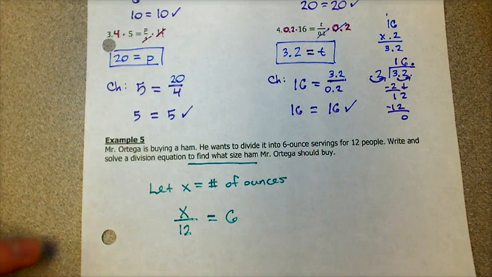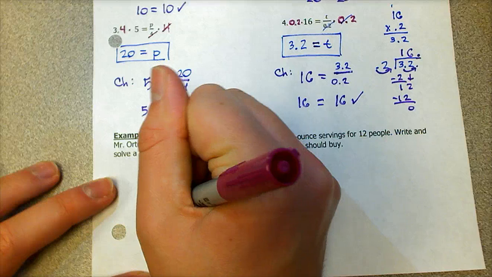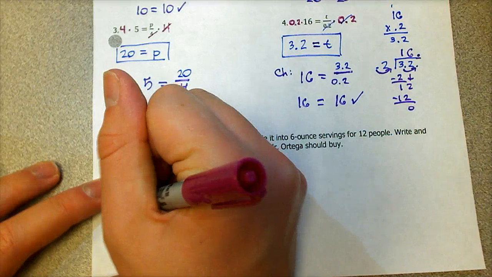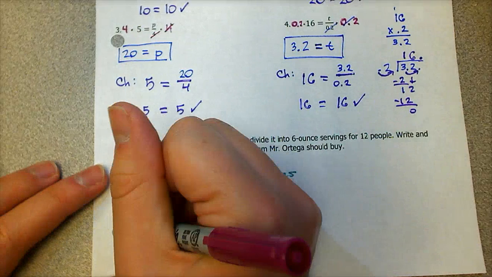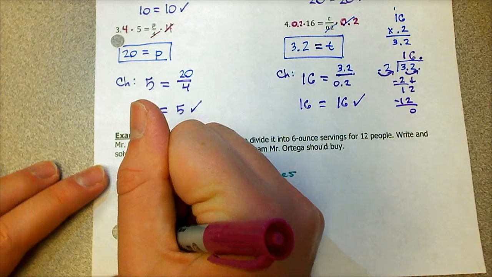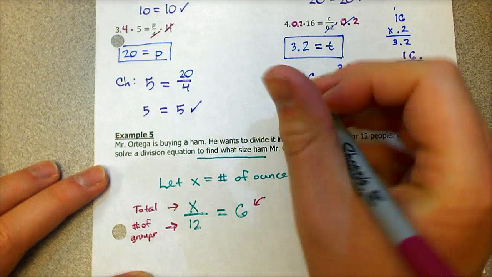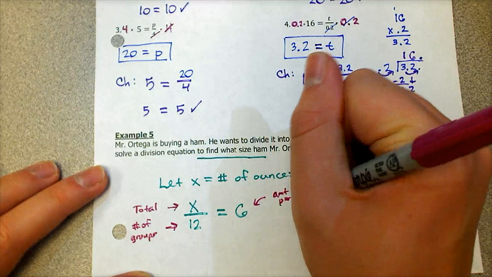Okay, so our equation would be x divided by 12 equals 6. Okay, again, x is our total amount, 12 is our number of people or number of groups, and 6 is our amount per group.